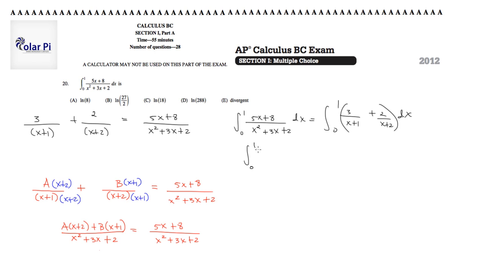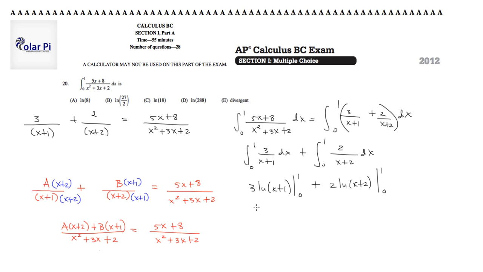We don't need to, but we could do that. 3 over x plus 1 dx plus the integral from 0 to 1 of 2 over x plus 2 dx. Okay, clear. So this is clearly 3 times natural log of x plus 1, from 0 to 1, evaluated at 0 and 1. And then this is clearly 2 natural log of x plus 2, evaluated at 0 and 1.